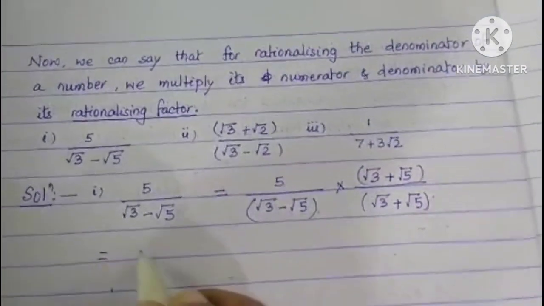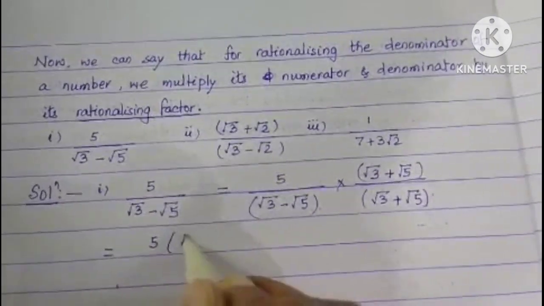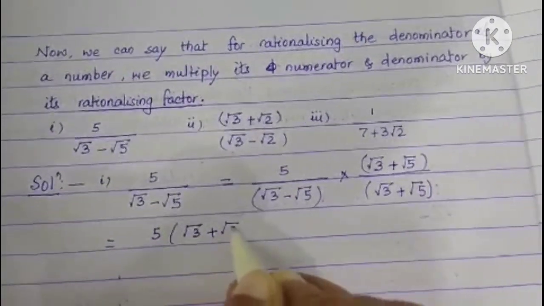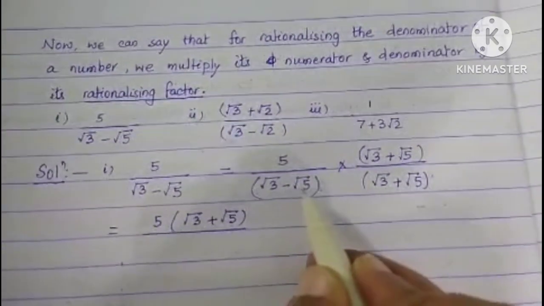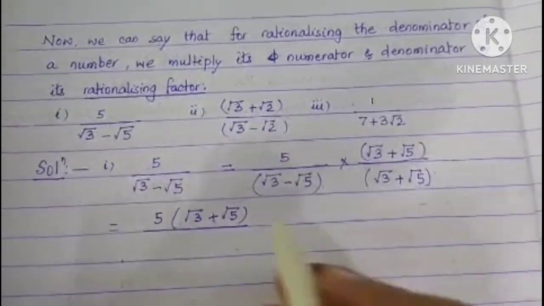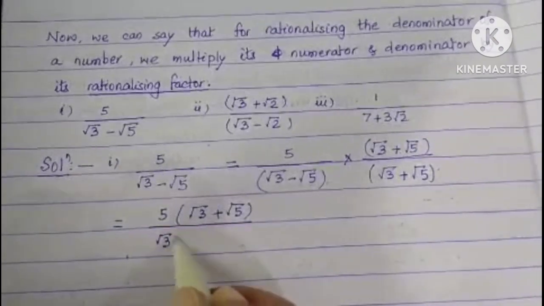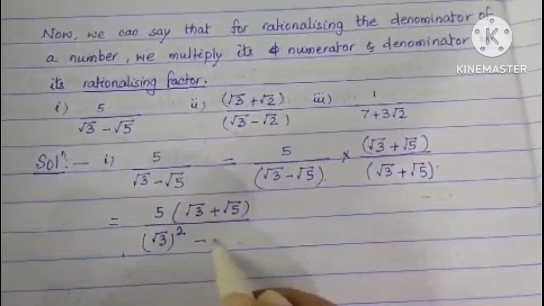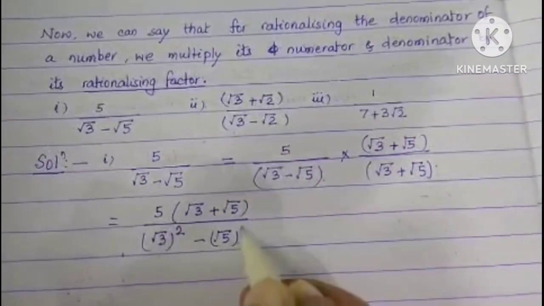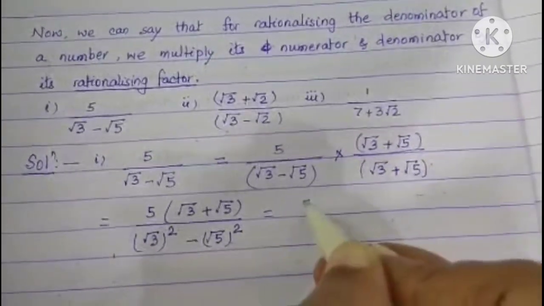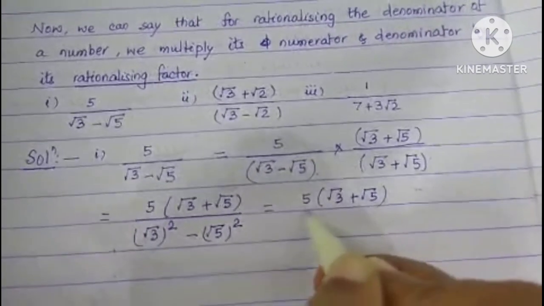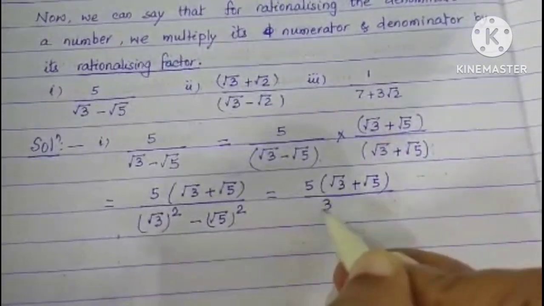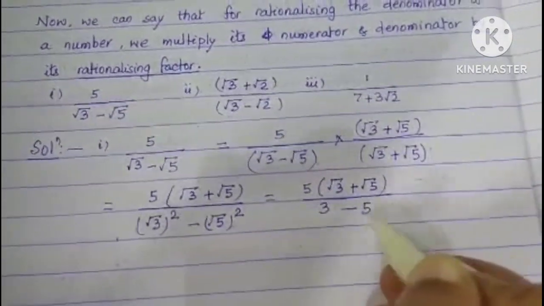In the numerator it will be root 3 plus root 5, and in the denominator we will have a minus b into a plus b, that is equal to a square minus b square. So it will be root 3 square minus root 5 square. Now it comes out to be 5 times root 3 plus root 5 divided by root 3 square, which is 3, minus root 5 square, which is 5.